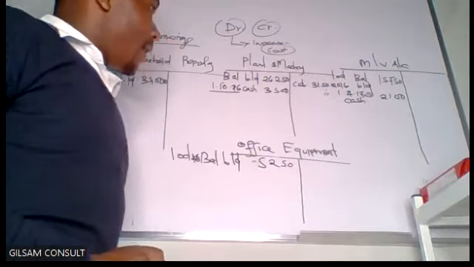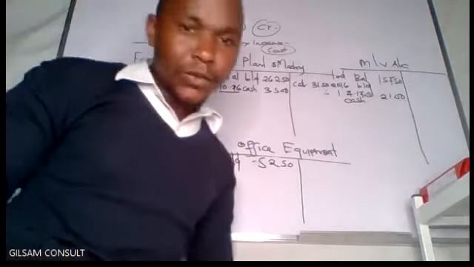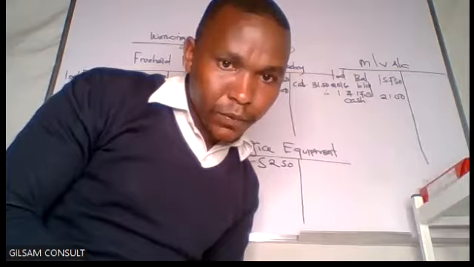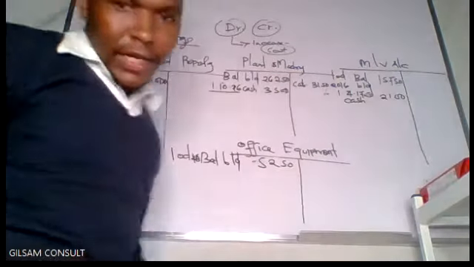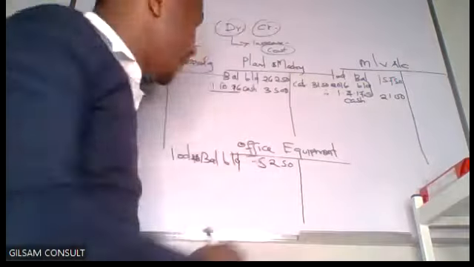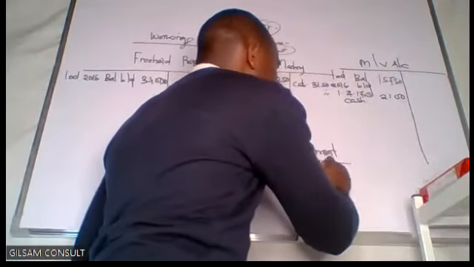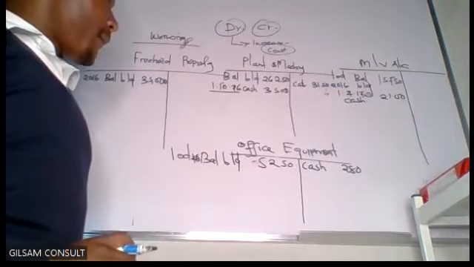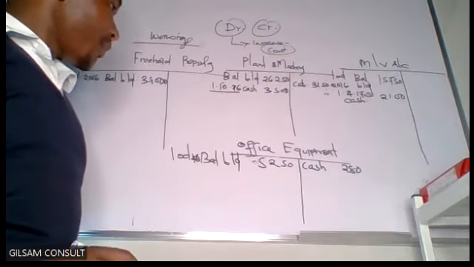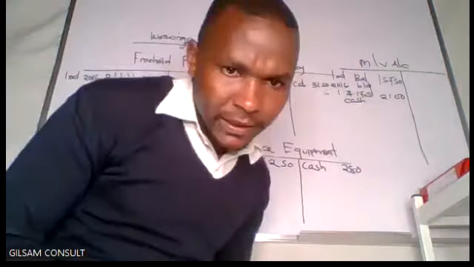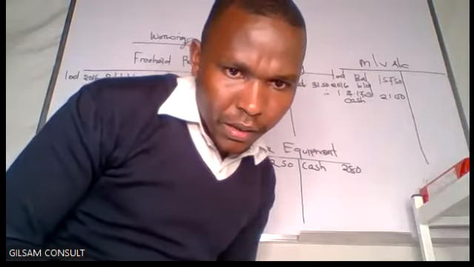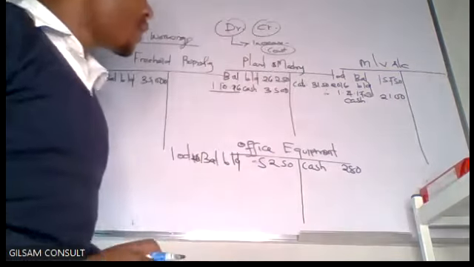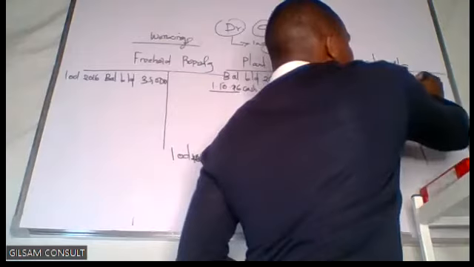And then another one to dispose. 1st January 2017, office equipment 280. Dispose office equipment 280. The next one is 30th September 2017, motor vehicle at 1750.